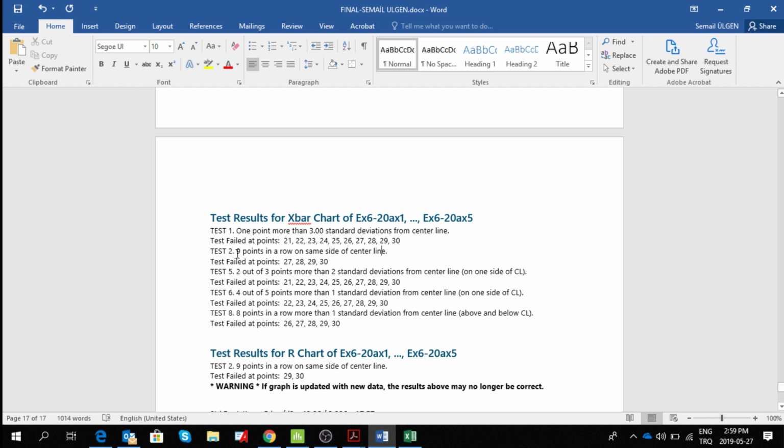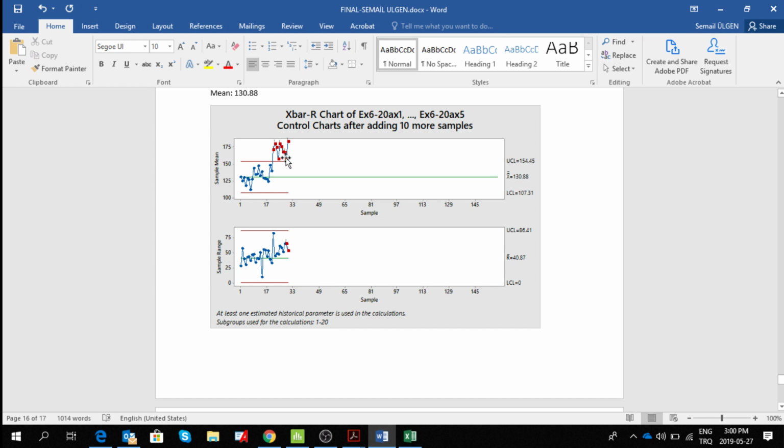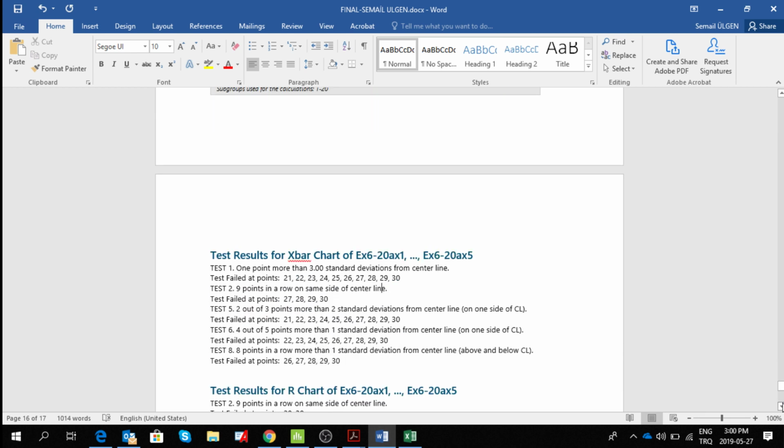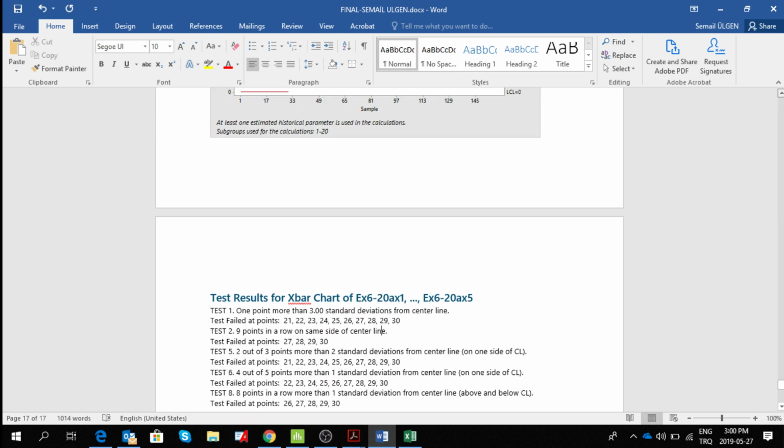Also, test 2 is about 9 points in a row on same side of center line. Test failed at the points 27, 28, 29, 30. If you look at that, here they're on one side of the center line. Therefore, there are other tests, test 5 and test 6 and test 8. There are a lot of tests, so these are the results that we get. And then for the R chart, test failed at the points 29, 30. Let's get that.